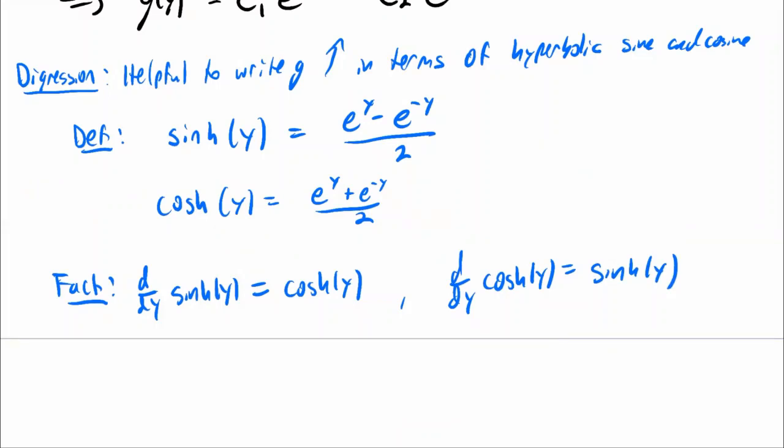This just follows from the chain rule and the fact that if you differentiate e to the y, it doesn't change. If you differentiate e to the minus y, it will just change the sign. And so when you take derivatives, you flip back and forth between these two.